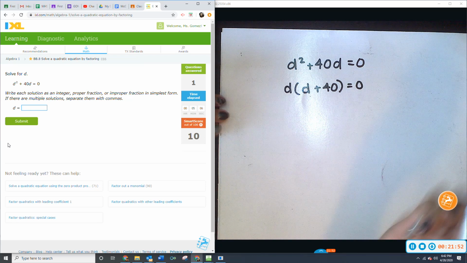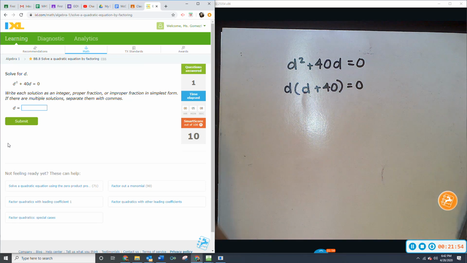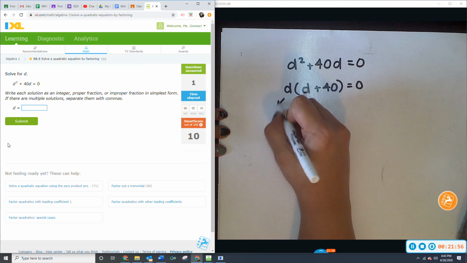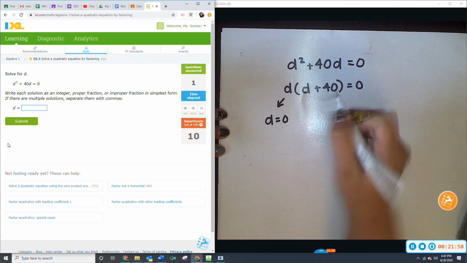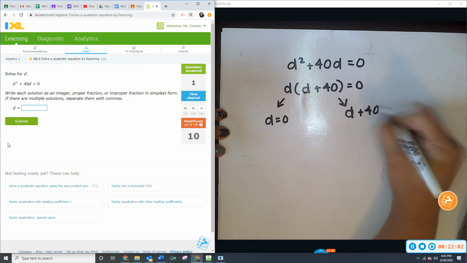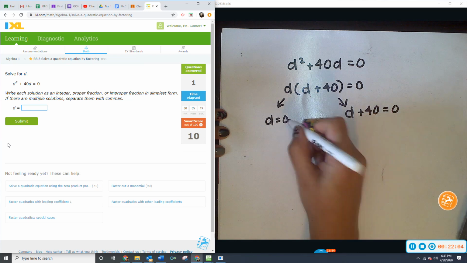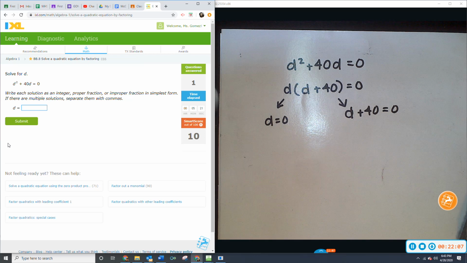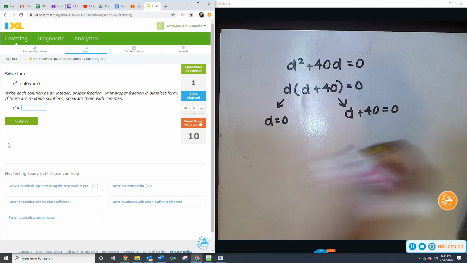Now that's where you've got this nice and easy, because here you would write d is equal to 0, and then d plus 40 equals 0. Well, don't have to do anything there, but here you would subtract 40.